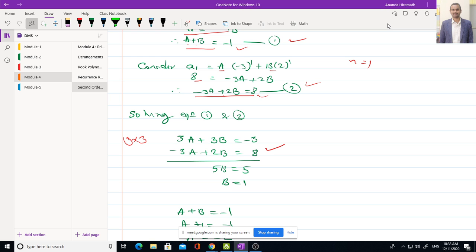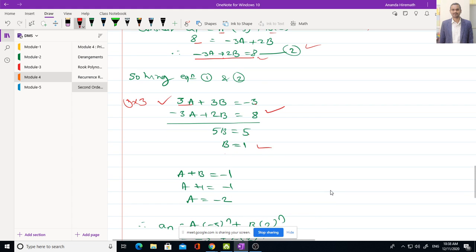So I will get 3a plus 3b is equal to minus 3. If I solve these two equations simultaneously, then I will get 5b is equal to 5, then b is equal to 1. You put it in an equation like a plus b is equal to minus 1, equation number 1. Then I will get a is equal to minus 2.